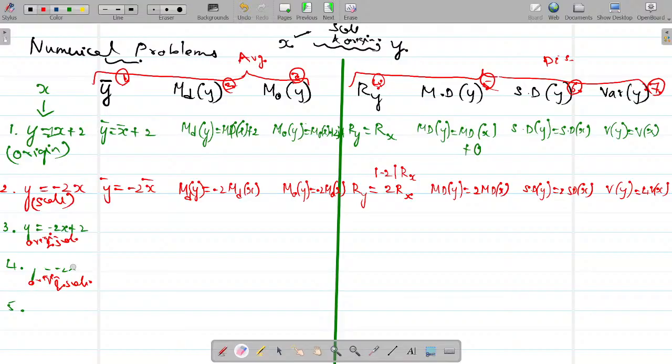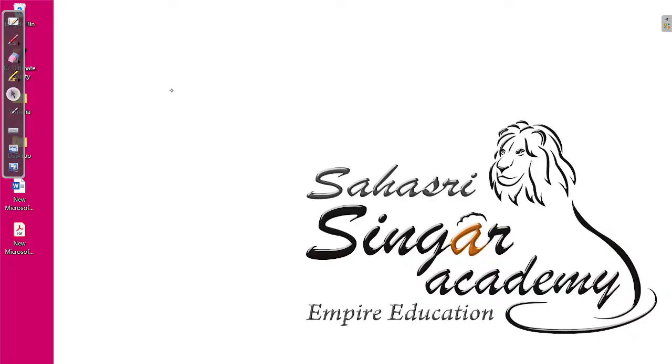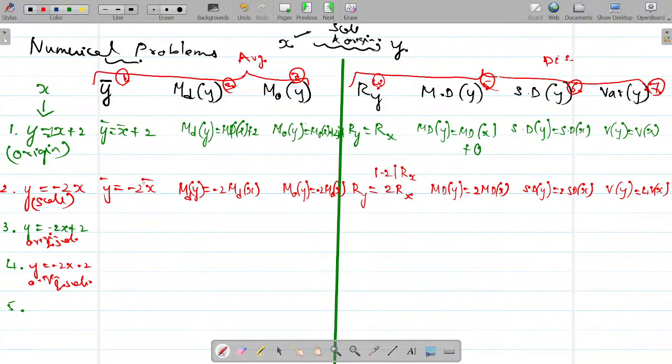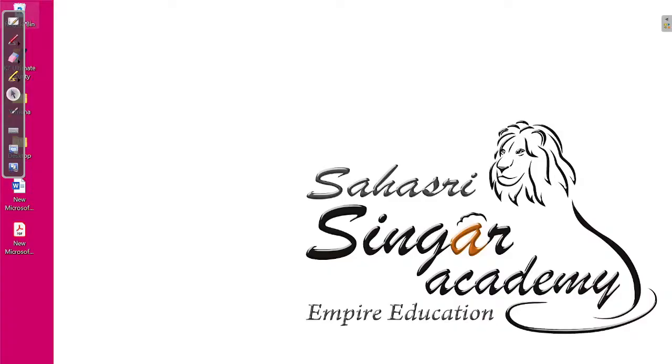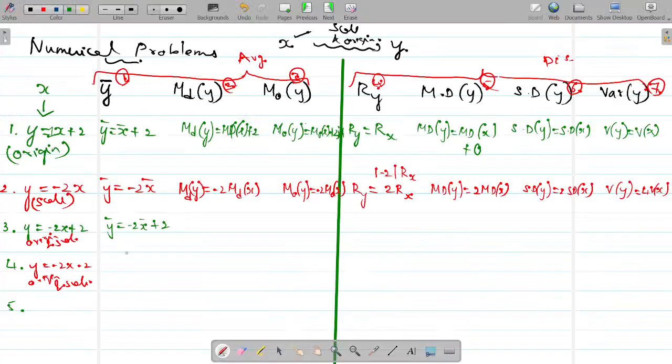Yes, please join. Finish it off, make it faster. Yes, what happened here? Y bar is minus 2x bar plus 2. Let me work out simultaneously for the other case also, okay? So here y bar will be minus 2x bar minus 2.